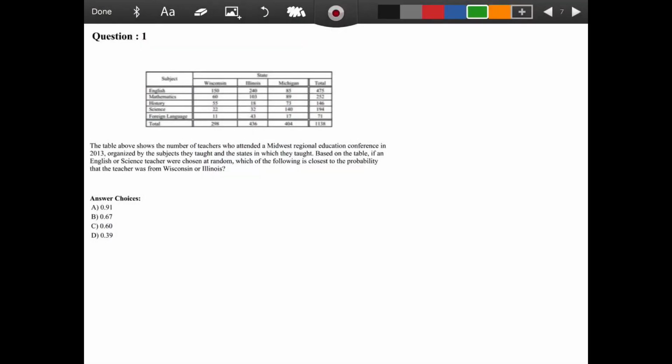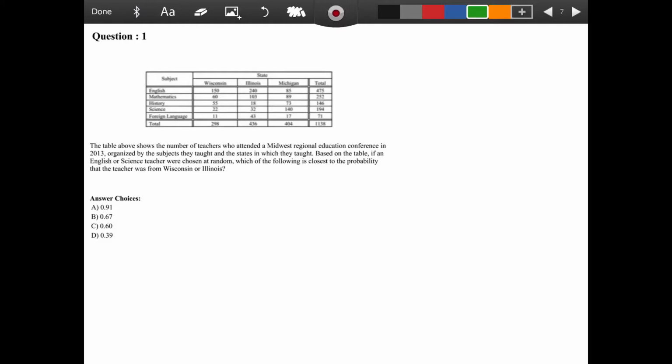All right, so to figure out any probability question, what we need is a part and a whole. So first thing that we need to figure out is how many total English and science teachers there are.